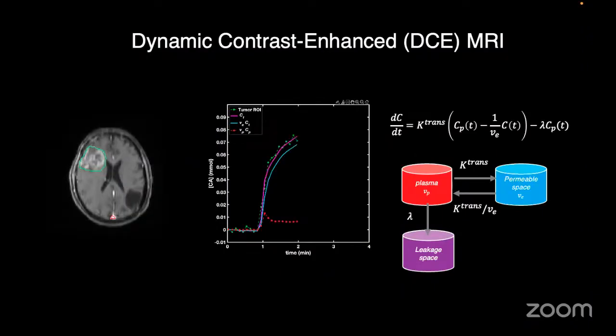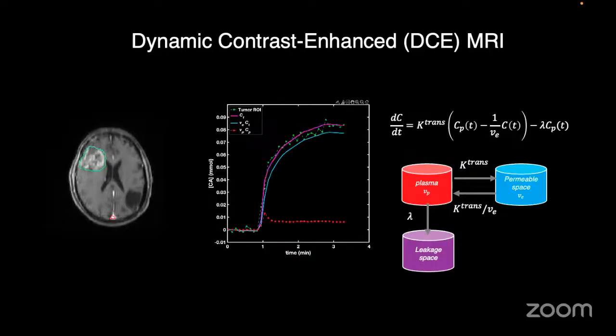And this is something that we can measure non-invasively and fairly routinely. So this is a movie of a dynamic contrast enhanced MRI, which has already been talked about a little bit this morning. What you're looking at on the left is sequential MRIs taken from a patient as they are in the scanner before, during, and after the injection of a contrast agent.